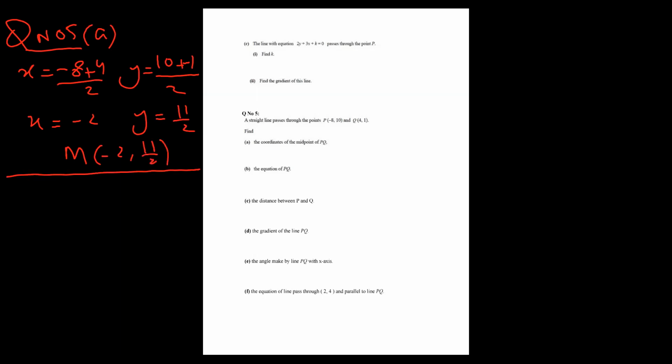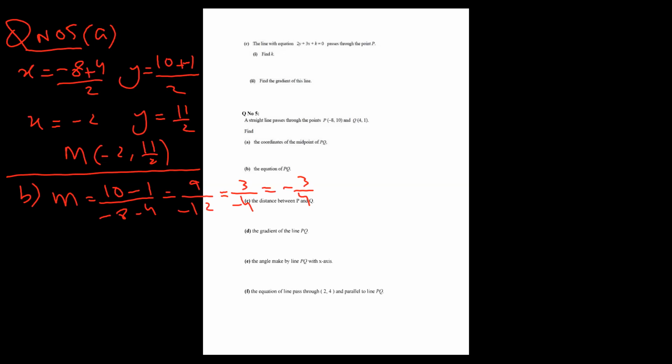Part B is asking for the equation of the line. So first I need a gradient. So y2 minus y1 over x2 minus x1. So it becomes 3 threes are 3, fours are 4. You can write the negative sign down or you write it up, no issue at all. So I got the gradient. Okay, very clear.